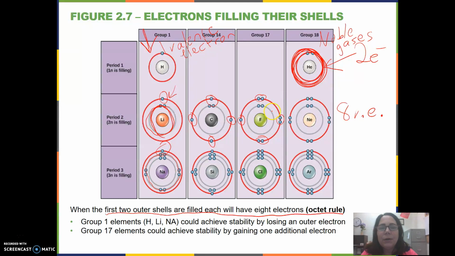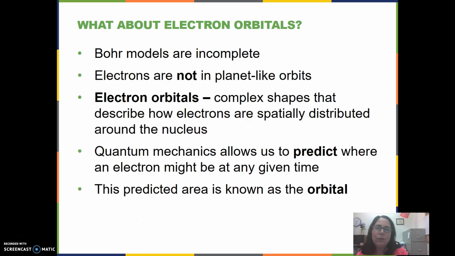But if you come over here to group 17, fluorine and chlorine would be stable if they were to gain 1 valence electron. If fluorine or chlorine gained 1, they would each have 8. Group 14 could gain 4, and the atoms in group 14 would be stable.